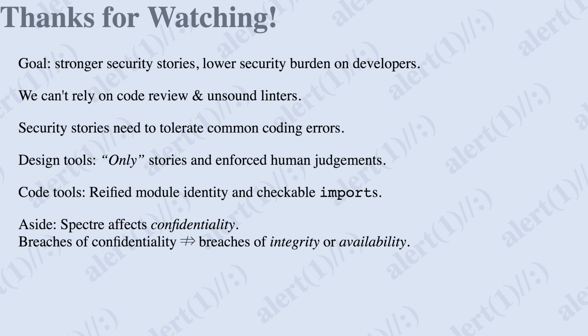A Spectre-based exploit could break the security story for the second puzzle, since the password reset link is stored in memory. It does not affect the other two, though, since Spectre by itself does not affect integrity or availability unless those depend on confidentiality. The mechanisms I propose do not depend on confidentiality. There is no secret that lets you forge a module identity, since they depend on reference identity.